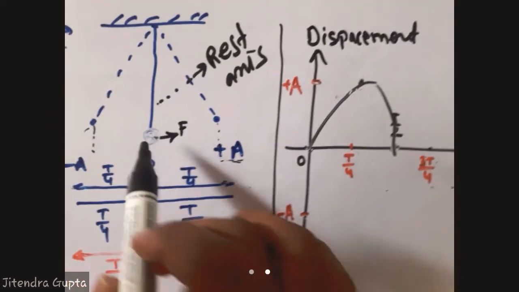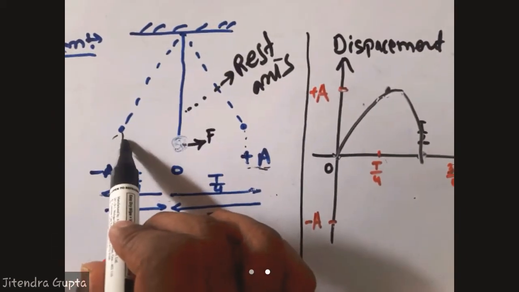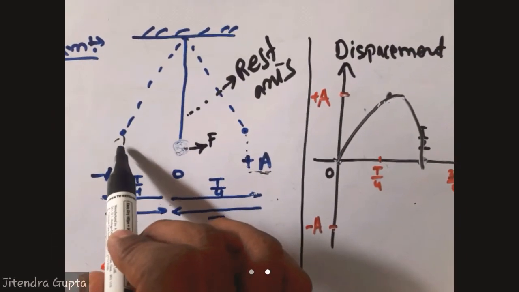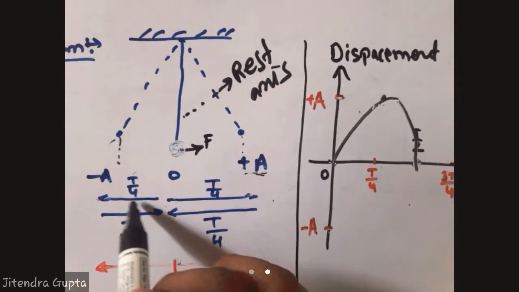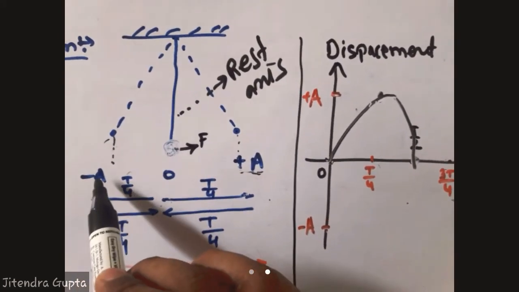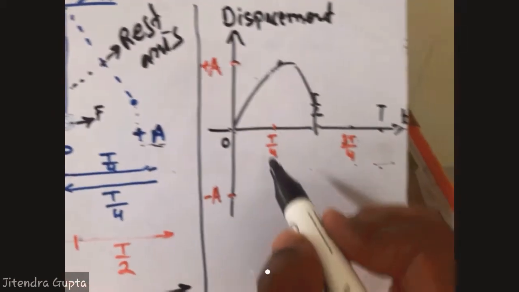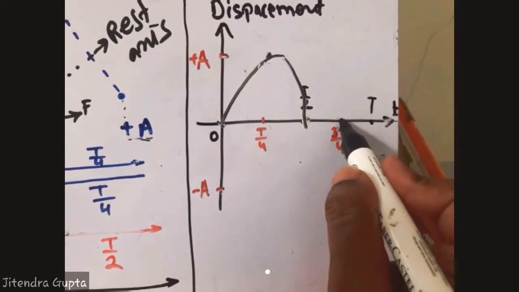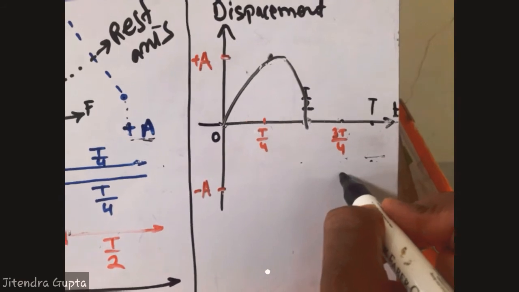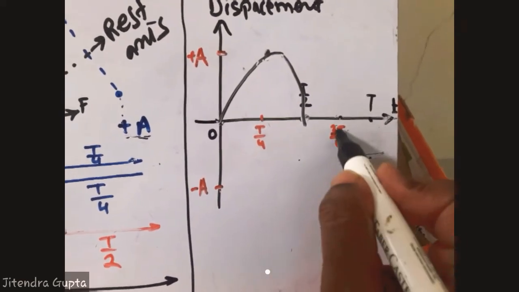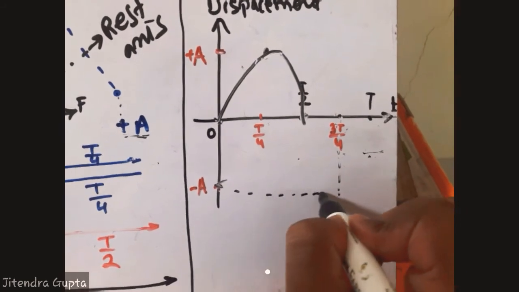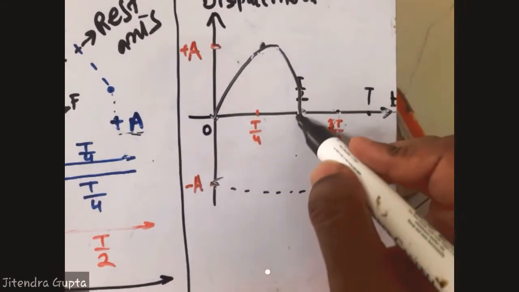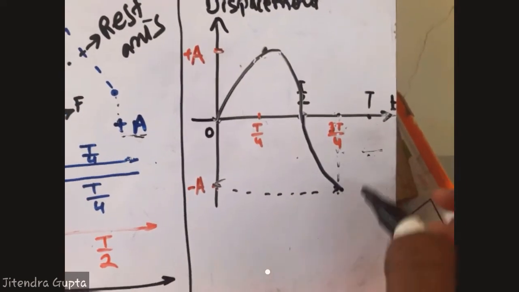Now again from here it is going to the extreme in the negative direction, that is minus. In the next T by 4, that is 3T by 4, it is going to minus A. So I'll take the point of intersection of these two, and it has reached here.